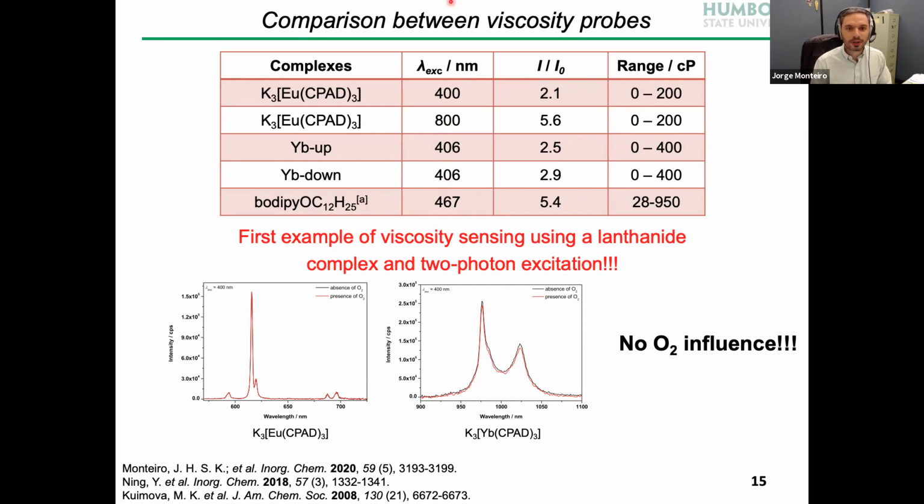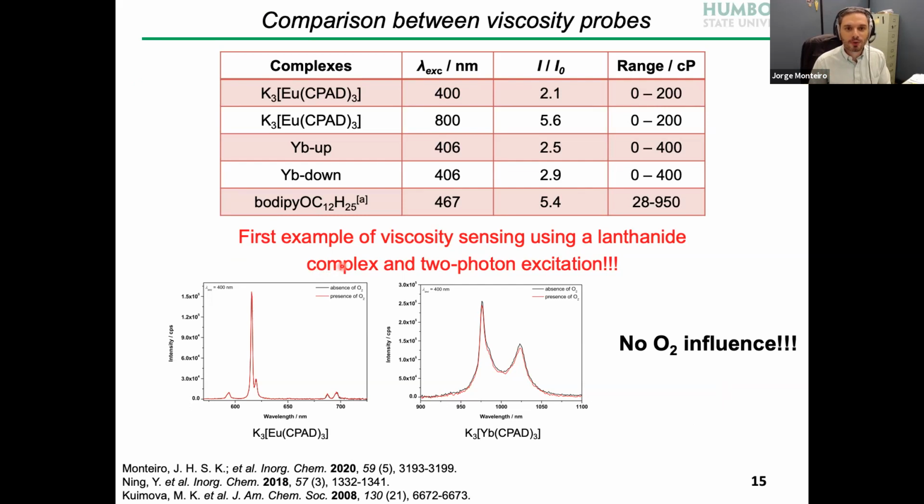Therefore, with one compound, you can use it for cell imaging, and in this case also for viscosity sensing, because of the twisted intramolecular charge transfer states.